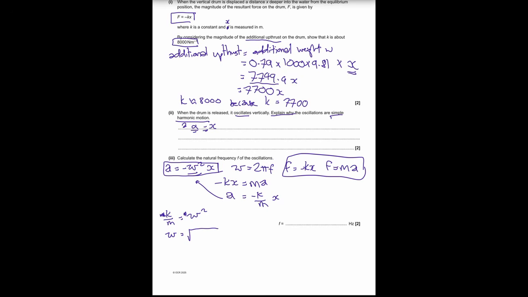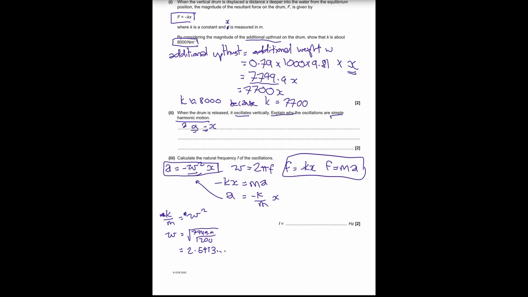So omega is going to be the square root of k over m, which is 7749.9 divided by 1200. So omega is equal to 2.5413. Keep the full number in your calculator.